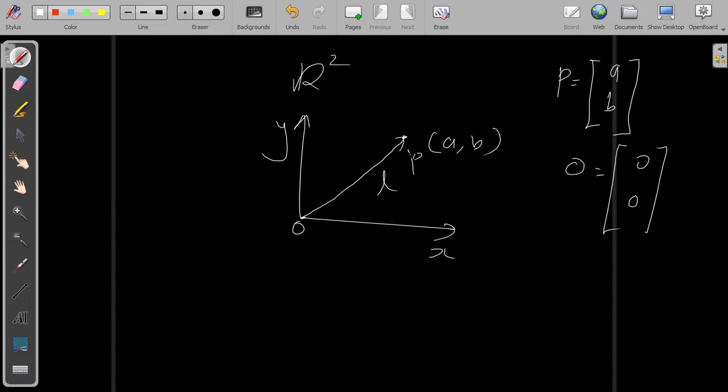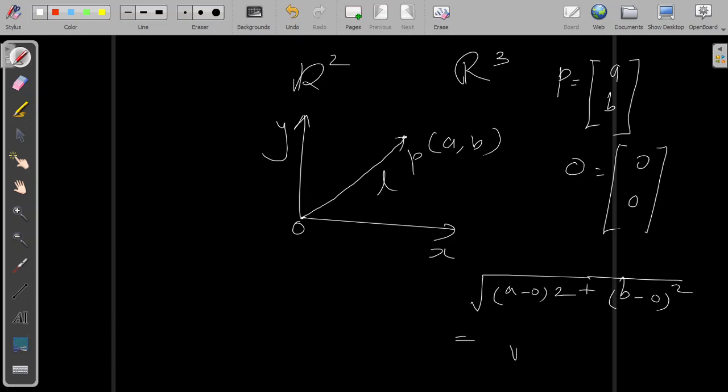So this can be extended to R3 also. In your lower classes, plus 1 and plus 2, you have studied this: the length of this vector is the square root of (a minus 0) squared plus (b minus 0) squared, which is equal to the square root of a squared plus b squared.